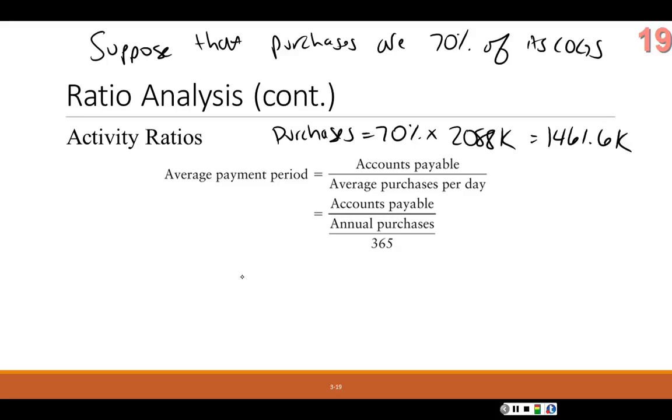So we can calculate this for Bartlett Company. Accounts payable is $382,000, found on the liability and equity side of the balance sheet. We divide that by our purchases over 365.